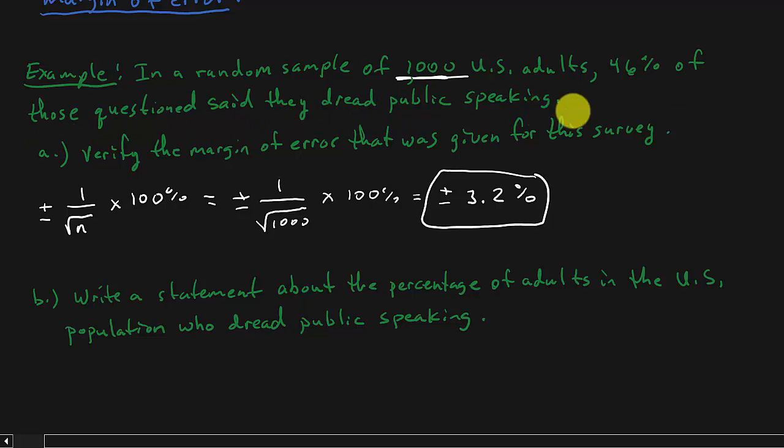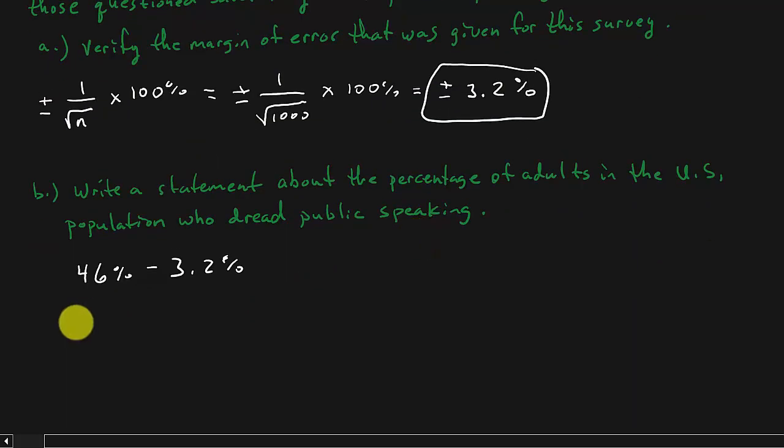So if we take the 46% minus the margin of error, and the 46% plus the margin of error, if we subtract it, that is 42.8%, and this one is 49.2%.